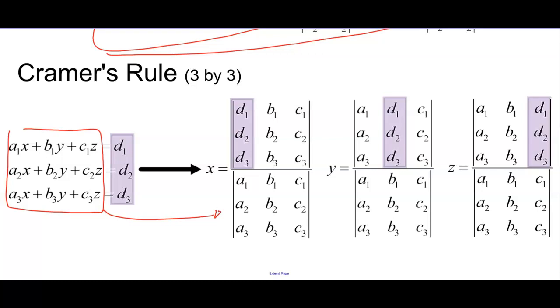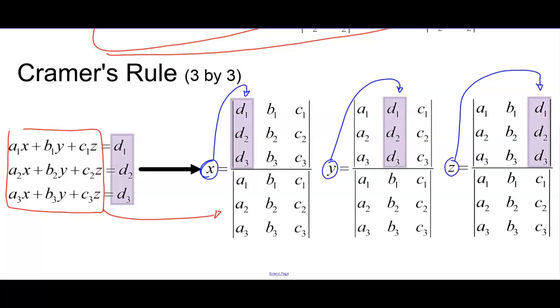And then for each variable you're solving for, x, y, z, whatever, for however many variables you may have, whichever variable you're solving for, you replace that column with the constants. So if I were to ask you to draw a picture for what Cramer's rule looks like for 4 equations with 4 variables, you could probably do it already. It's a very easy system to memorize, and so that's a big advantage.